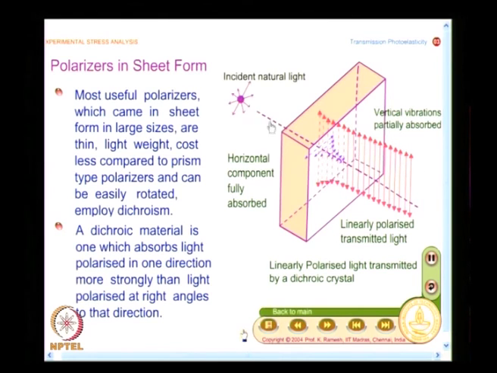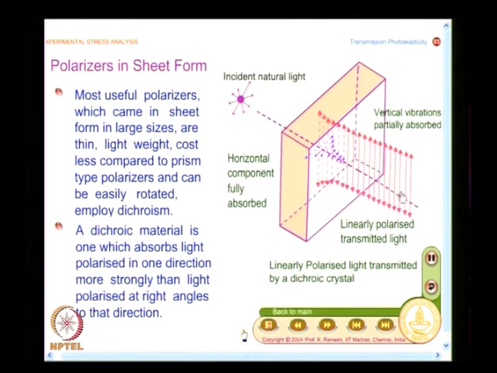Whether I incident a natural light or a polarized beam of light, within the crystal you will have only a polarized beam of light. And what you find in a dichroic material is one of the vibrations is completely absorbed within the thickness. So, it allows only one light to pass through.